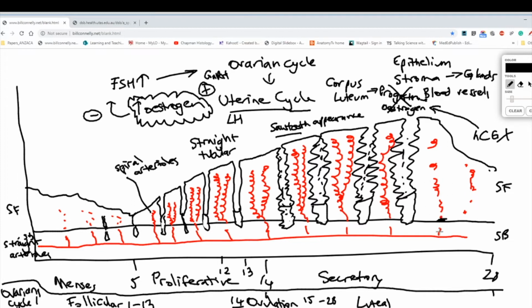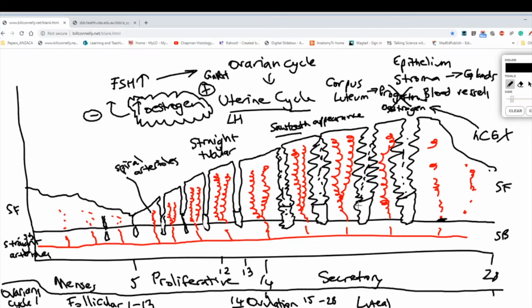So the remnant of the straight arterioles remains behind after menses, so we actually still have the majority of the straight arterioles, and then from those straight arterioles the spiral arterioles regrow during the proliferative phase and then further develop in the secretory phase.